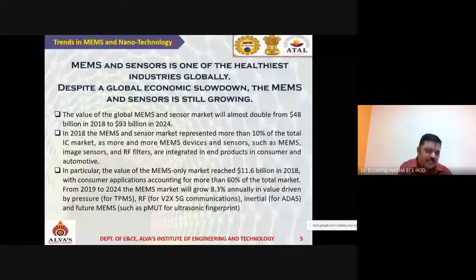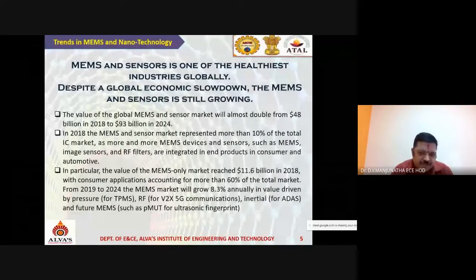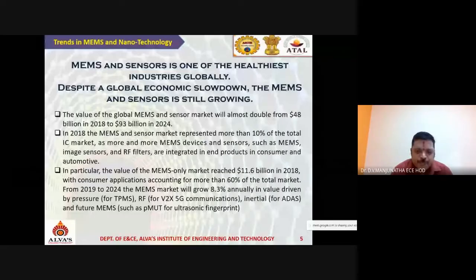For the next 5 years, from 2021 to 2026, the whole market will be grabbed by MEMS and NEMS technology, MEMS and nanotechnology.